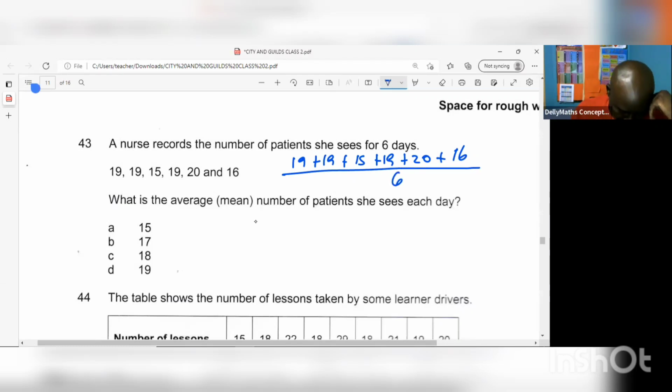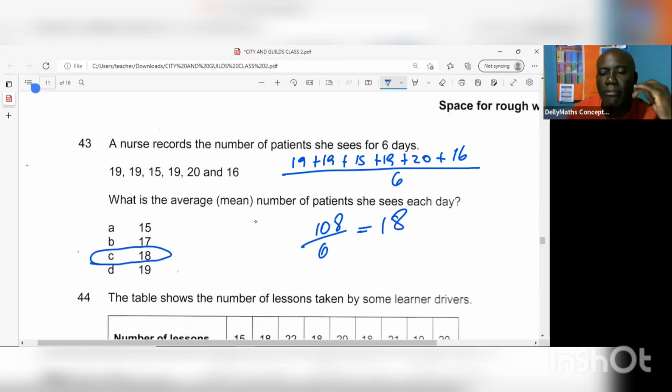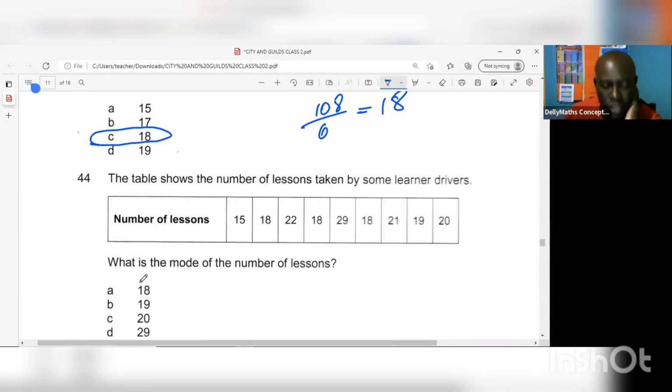This comes up to 108. We divide that by 6 and we get 18. So on average, she sees 18 patients.